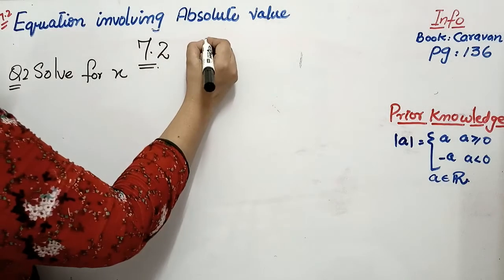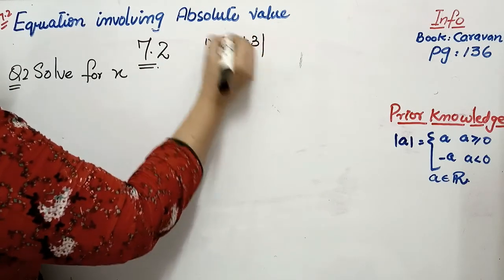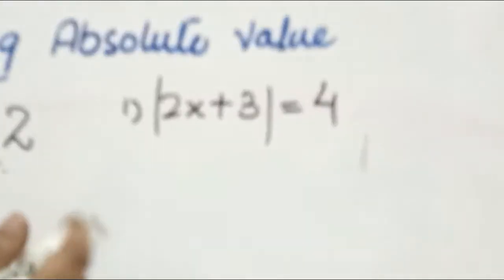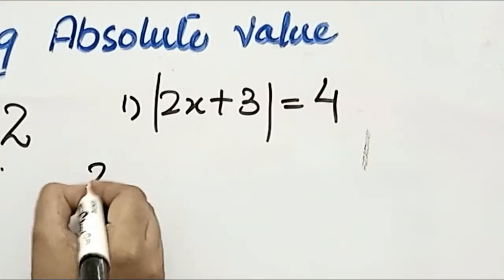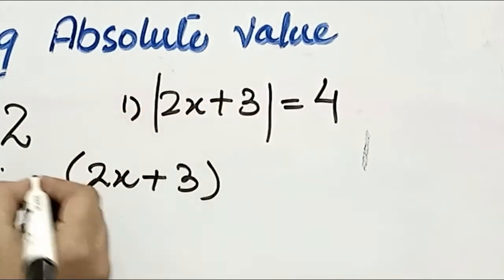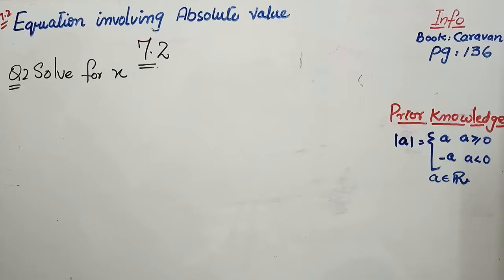For example, we are having mod of 2x plus 3 is equal to 4. How are we going to solve this? Whenever we remove the modulus, we have to write down positive and negative is equal to.